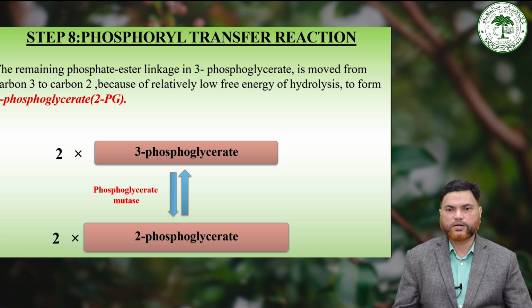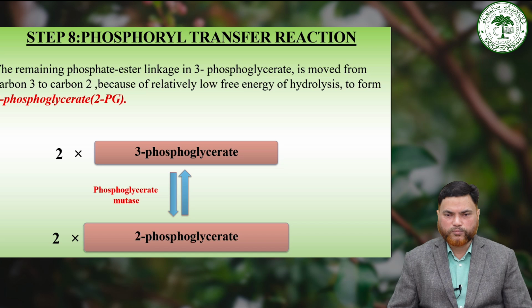Subsequently, the enzyme-bound intermediate undergoes breakdown, restoring the phosphorylated histidine of the enzyme and releasing the product, that is 2-phosphoglycerate. At this stage, the presence of magnesium is very much crucial for the reaction to take place.